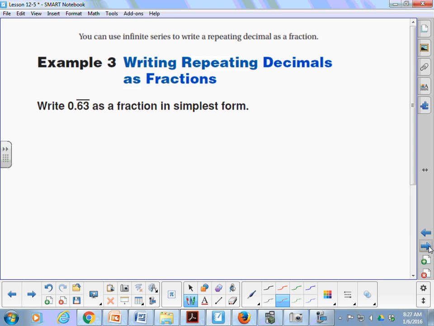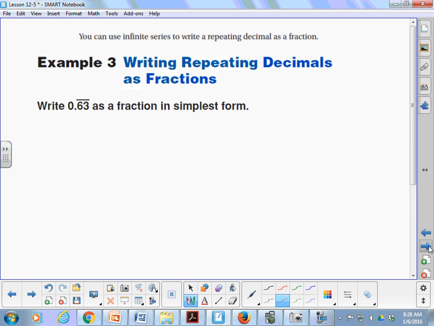Now, there's a very long, drawn-out way to do this, but I'm not a big fan of it. When you have repeating decimals, it's really an infinite geometric series, but we're going to do this the easy way. You like the easy way, right, RJ?